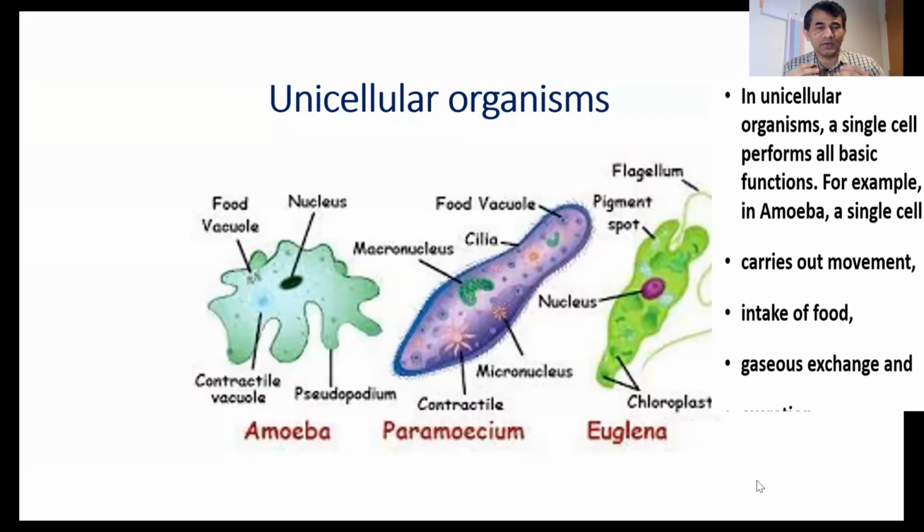So they will carry out movements, they will ingest the food, they will digest the food inside, they will do gas exchange across the cell membrane, and they will also excrete the waste products of their digestion, everything together. So that is a unicellular organism.